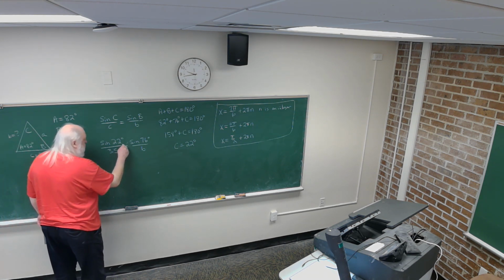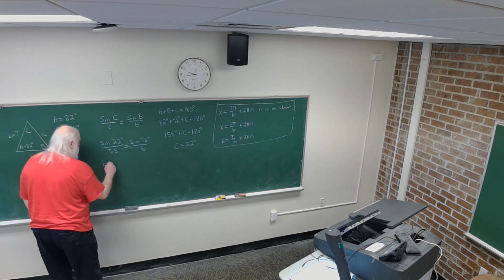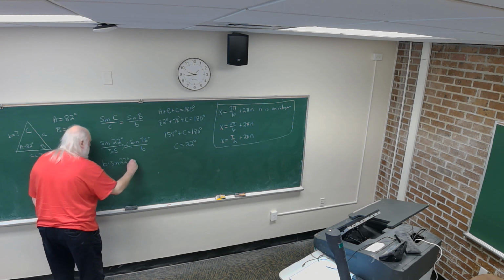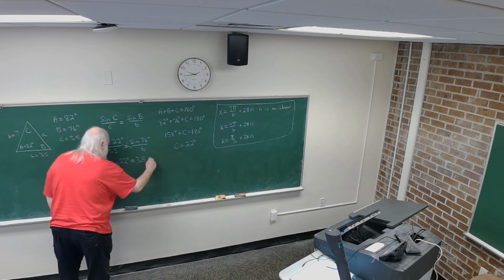Solving for B, we can cross multiply, can't we? And we have little b times the sine of 22 degrees is equal to 3.5 times the sine of 76 degrees.